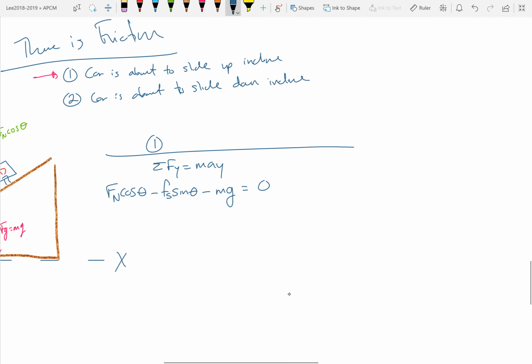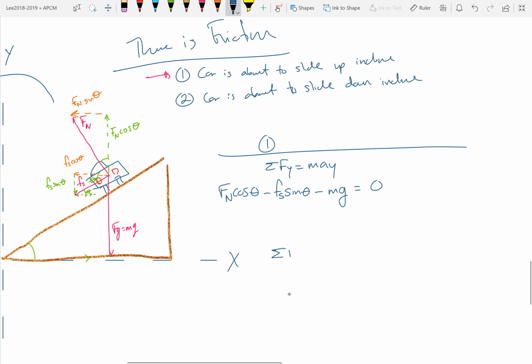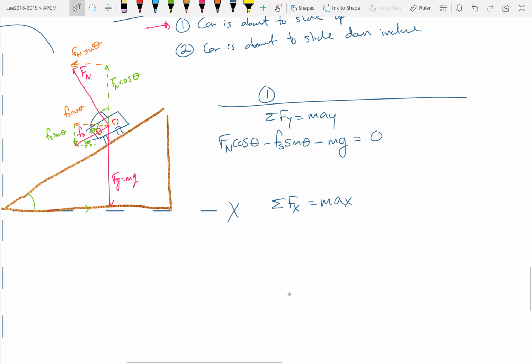Let's do it right underneath. Sigma Fx equals max. This is parallel to our radial distance, so this is all the stuff that's going to add up to be centripetal force. So FC, and let me look in orange, I have normal force. A portion of the normal force is helping again to generate a centripetal force and acceleration.